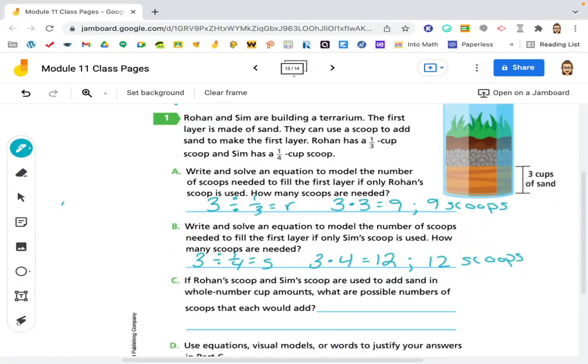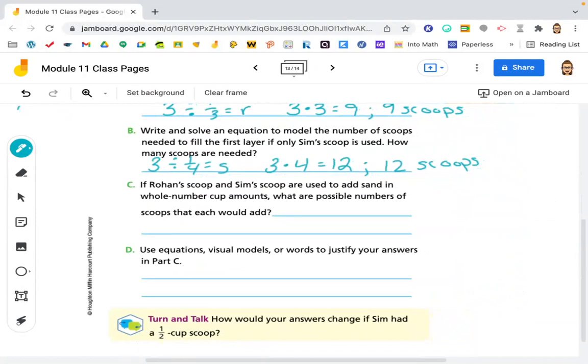Then it says, if Rohan's scoop and Sim's scoop are used to add sand in whole number cup amounts, what are possible numbers of scoops that each would add? We could do this a couple different ways. Let's say Rohan did one of the cups, that would be 3 scoops.